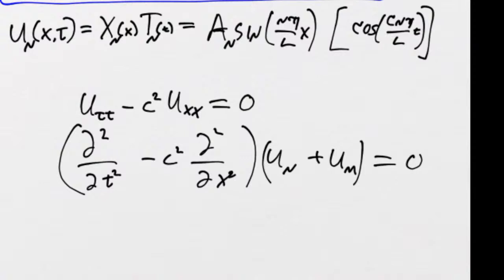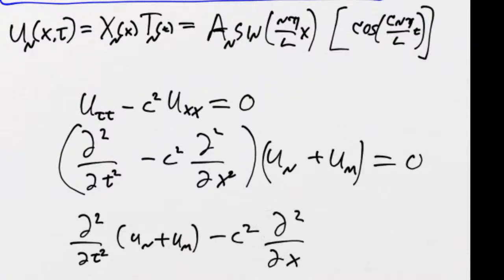So we get the second derivative of un plus um with respect to t, minus c squared partial squared dx squared of un plus um, must equal 0.